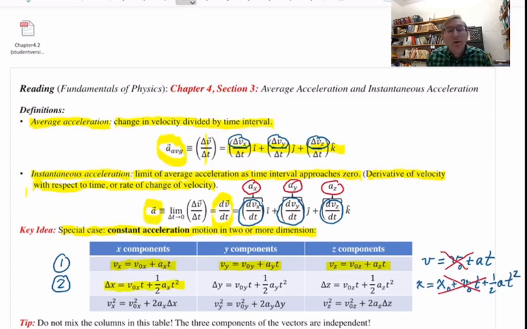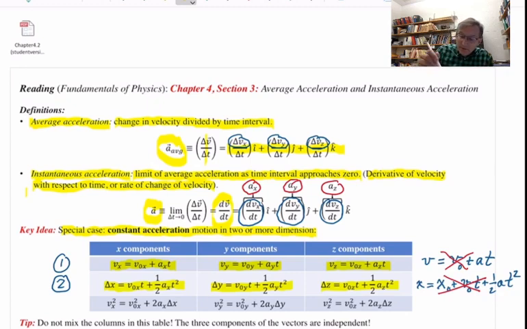The change in the y-coordinate of the particle equals the initial y velocity times t plus 1/2 times the constant y acceleration times t squared. And then in the third, the change in the z coordinate equals the initial z velocity times t plus 1/2 times the constant z acceleration times time squared.